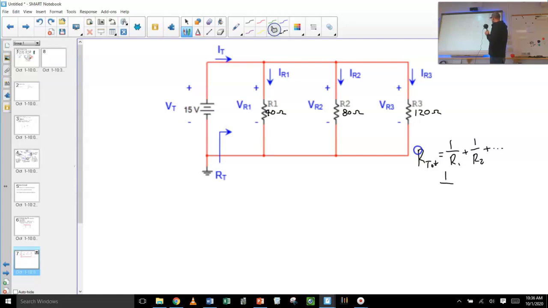For instance, I'm going to go 1 divided by 40 plus 1 divided by 80 plus 1 divided by 120. And that equals 1 over the total resistance. So if I take 1 over 40 plus 1 over 80 plus 1 over 120, you end up getting 0.0045.